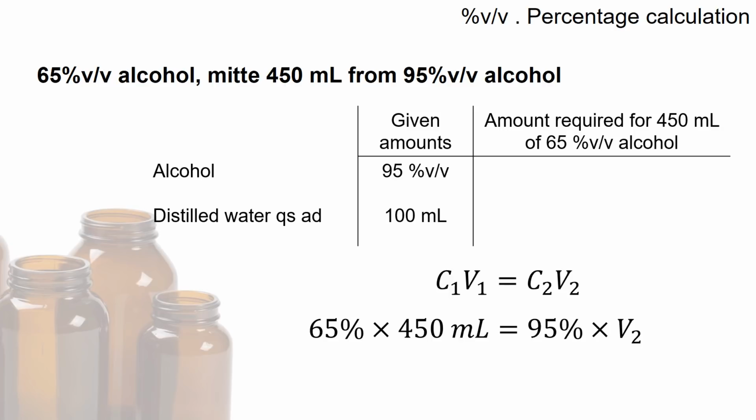You will have 450 ml to be prepared with 65%, and the second solution is the stock solution where we have 95% alcohol, and we need to work out how much of it is needed to achieve the final volume of the diluted alcohol. So you will need 310 ml of 95% alcohol to be diluted up to 450 ml with distilled water to prepare 65% volume in volume alcohol.